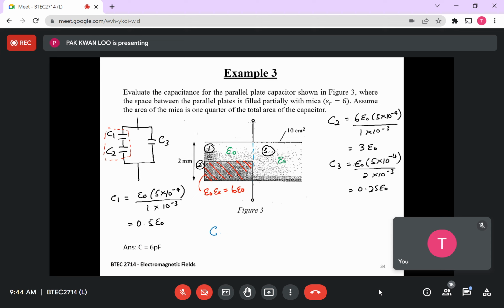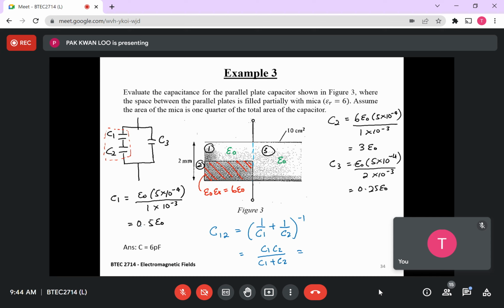That means 1 over C1 plus 1 over C2, inverted, so C1 C2 over C1 plus C2, right?